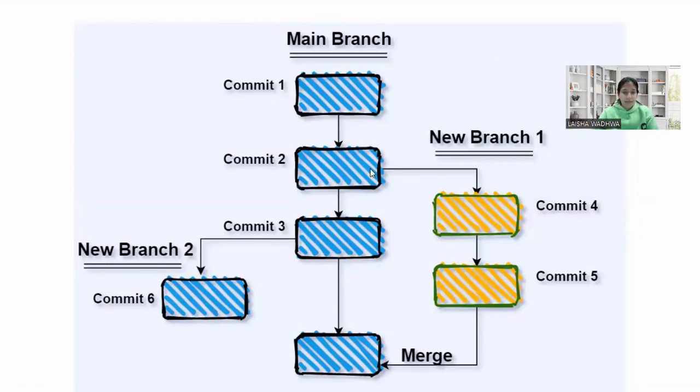And as you can see, if we create a new branch at this point, the new branch will be an exact similar working copy of what the main branch looked like at that point. And we can choose to keep the new branch as is, as an independent copy, or once we know that the features of the branch that we were working on are stable, we can merge this back into the main branch.